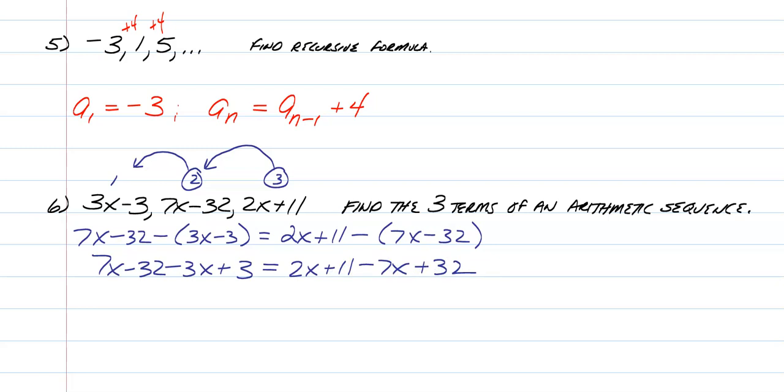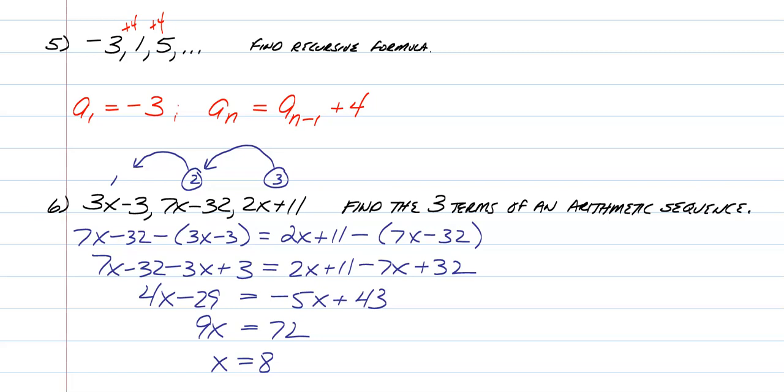Combine our like terms. 4x minus 29 is equal to negative 5x plus 43. That gives us 9x is equal to 72. So x is equal to 8.